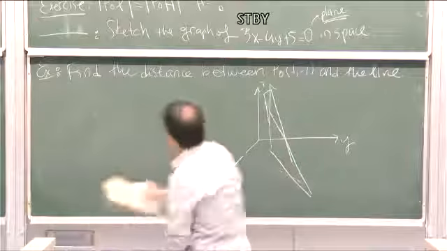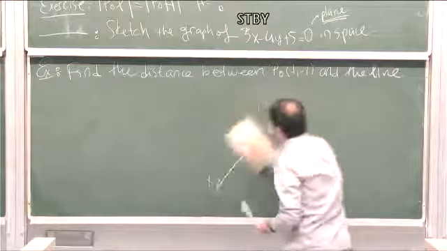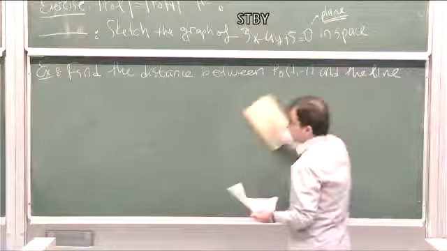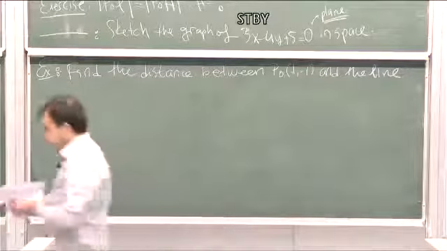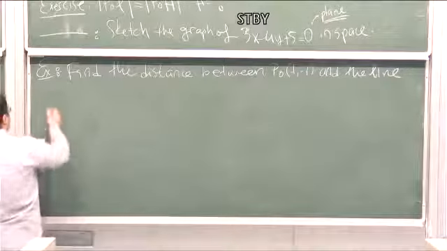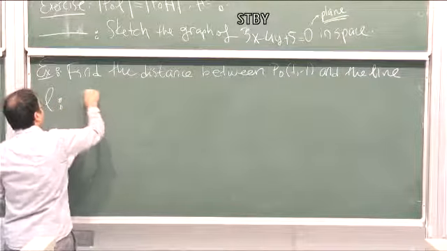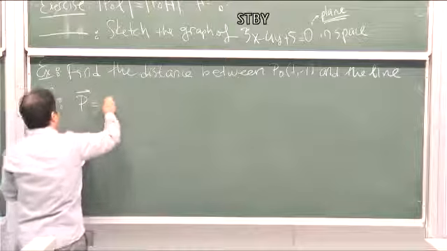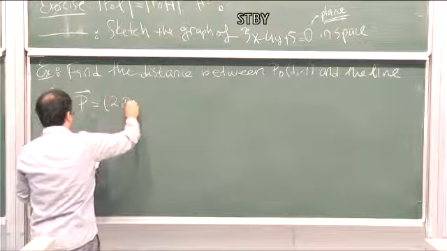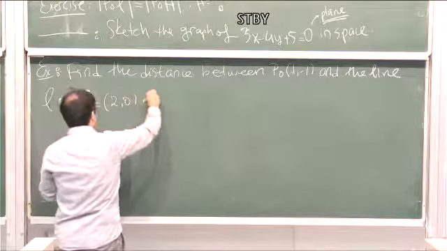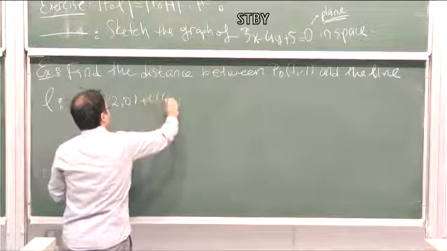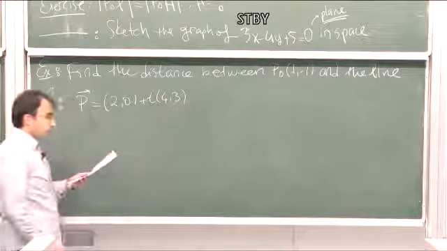The vector equation is P equals P0 plus t times (4, 3). So this is the vector equation.